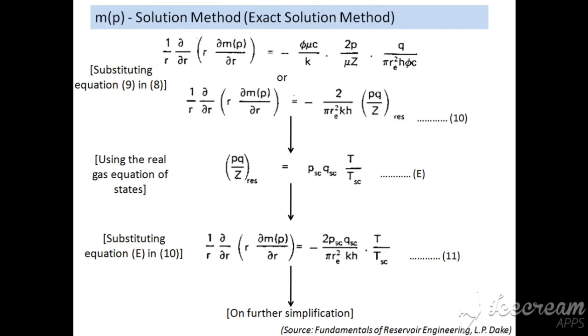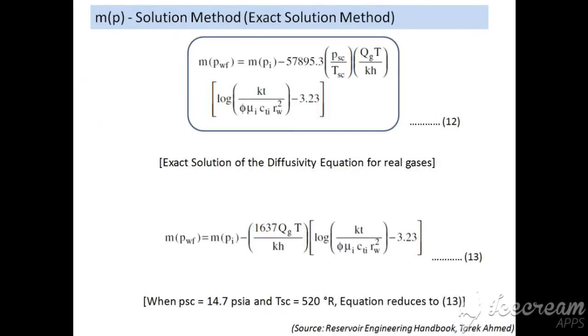On further simplification we arrive at the final equation you are seeing on your screen, equation number 12, that includes terms like psc, Tsc, the pressure and temperature at surface conditions, the flow rate of the gas, that is qg, and the log dependence of terms like k, T, viscosity and compressibility as well. So this is the final exact solution of the diffusivity equation for real gases.